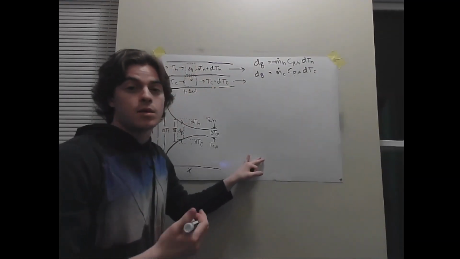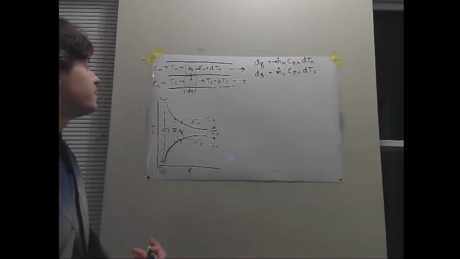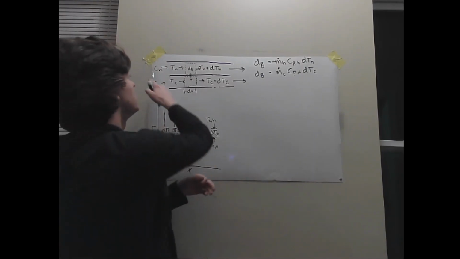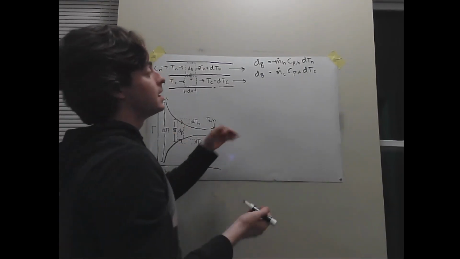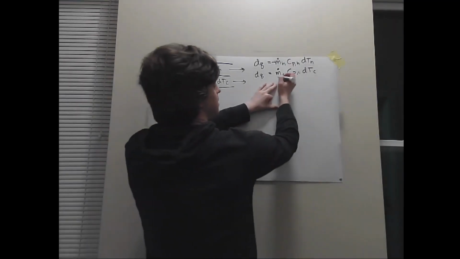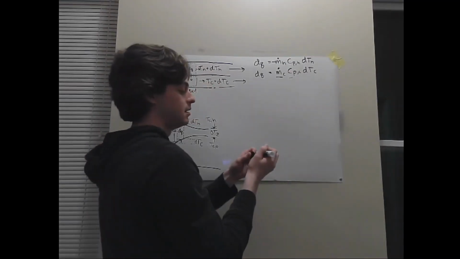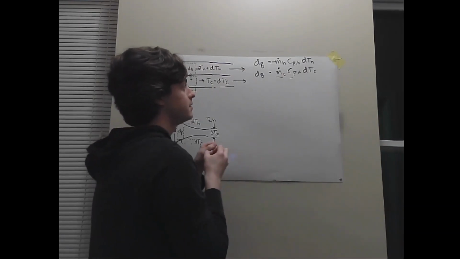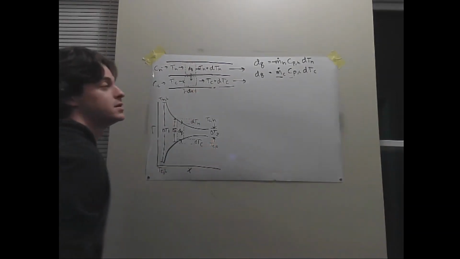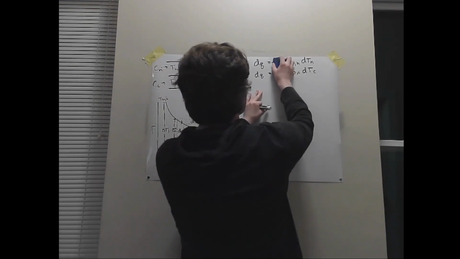So now, like I said, I'm going to define the heat capacity rate, which is big C. All that is, is the mass flow rate multiplied by the heat capacity. So we can rewrite these equations using that term.